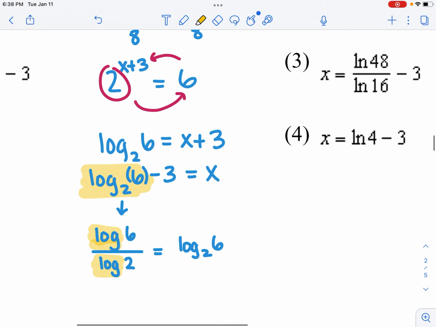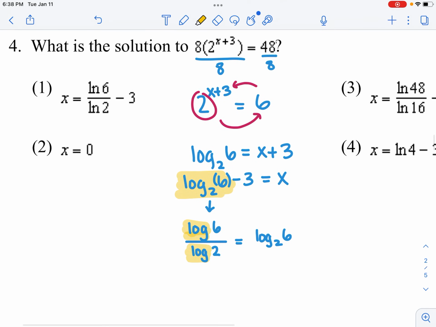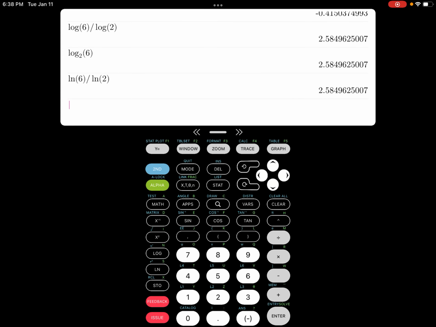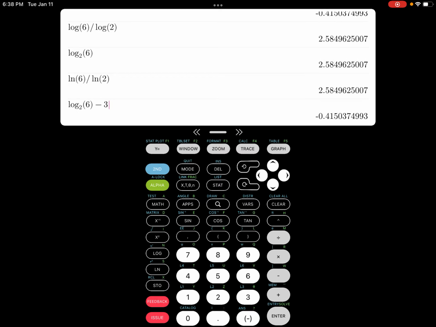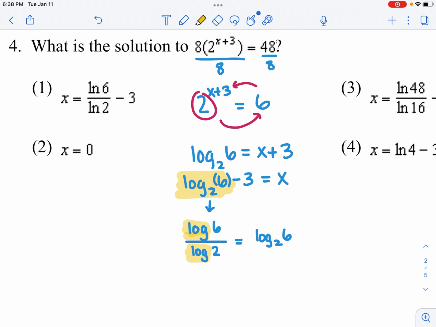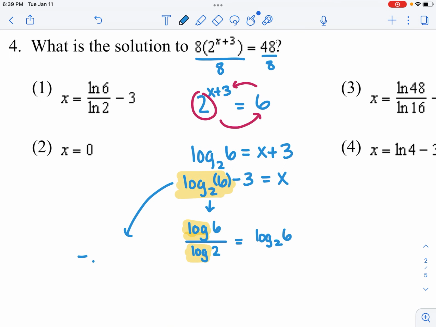So how could we have answered this question if we had no idea what I just said and we just understood the calculator trick? You could have typed in the answer like we did earlier. Let's go back here. So log base 2 of 6 minus 3, we ended up with negative 0.415.